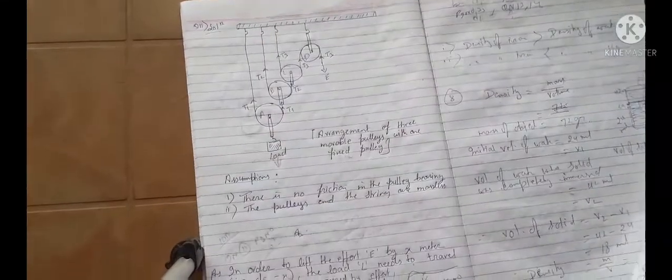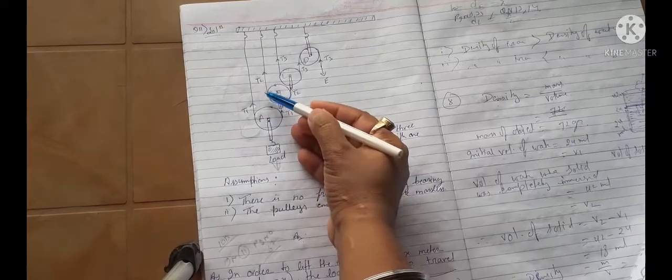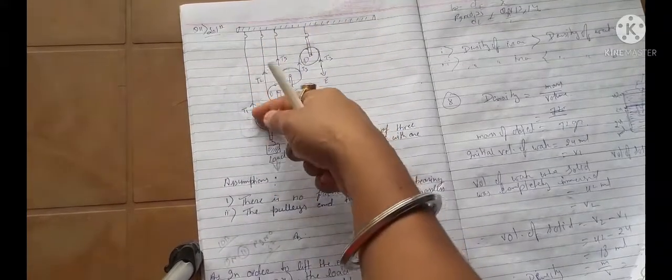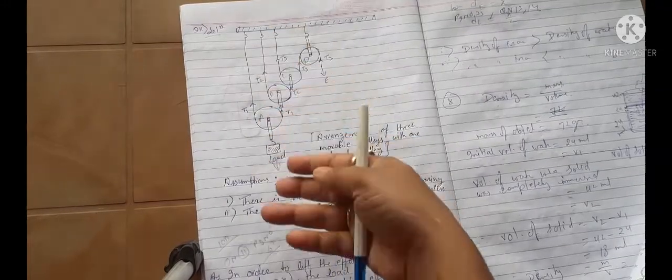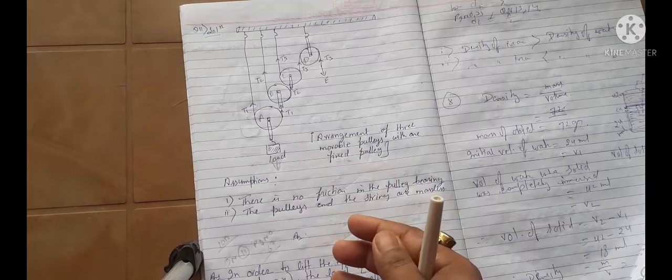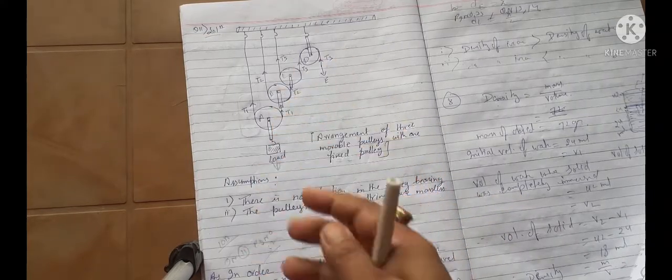See children, if we are having single cable, then what we need to do, we will use all the pulleys in vertical direction and all are connected with the single pulley, as I have explained you in previous questions. But here in this question, if 3 strings are there, then what is the arrangement? Try to understand.